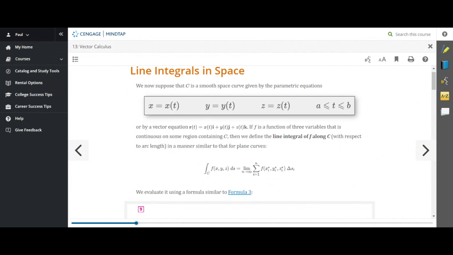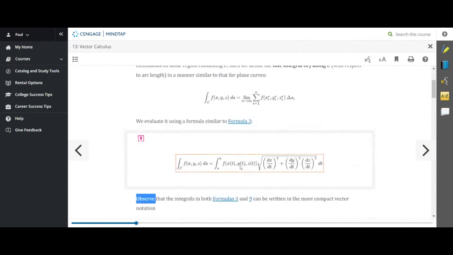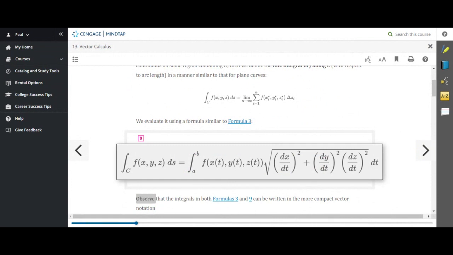The formulas are natural extensions of the formulas for two-dimensional space. So for instance, if you're doing a line integral with respect to arc length, this is how you compute that.